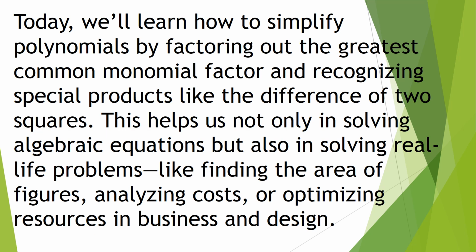So today, we'll learn how to simplify polynomials by factoring out the greatest common monomial factor and recognizing special products like the difference of two squares. This helps us not only in solving algebraic equations, but also in solving real-life problems like finding the area of figures, analyzing costs, or optimizing resources in business and design.